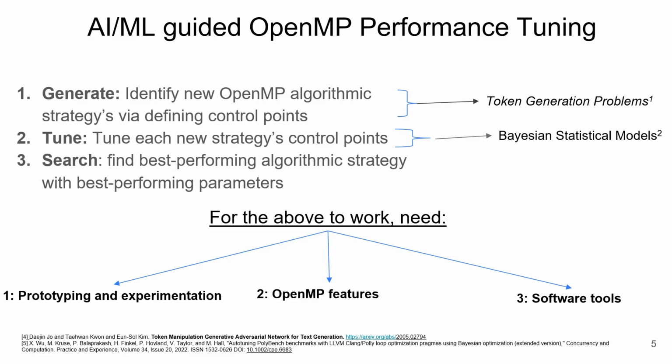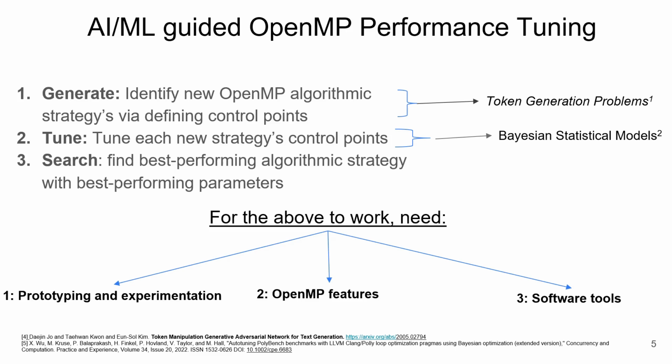For the above to work, we need to fortify existing approaches of these OpenMP scheduling strategies to make them ready for utilizing AI/ML. And we need to do so in the following ways: prototyping of control points to guide the training and finding new scheduling strategies, defining and specifying new OpenMP features.